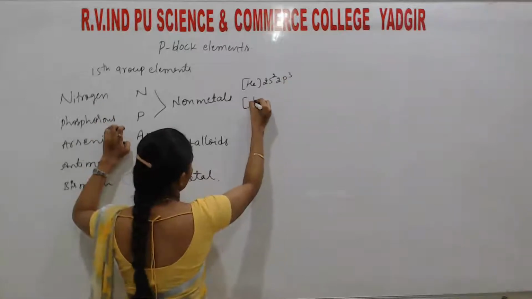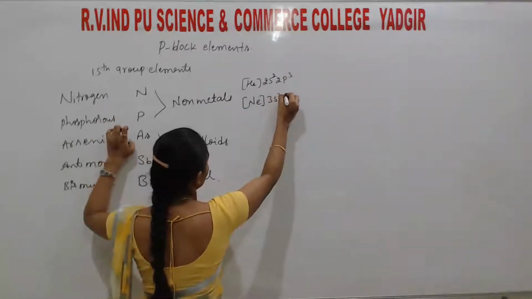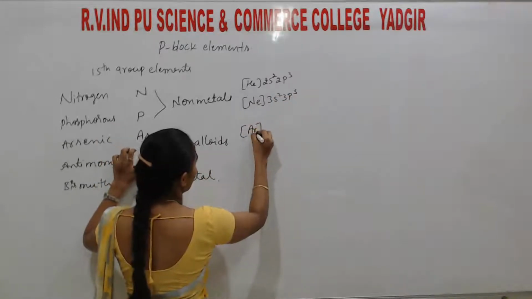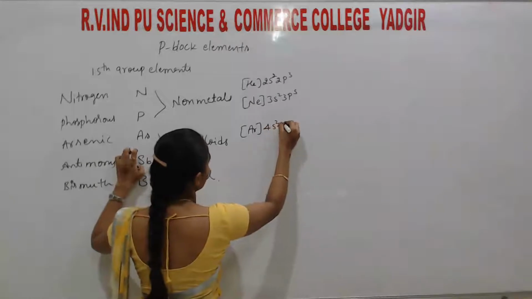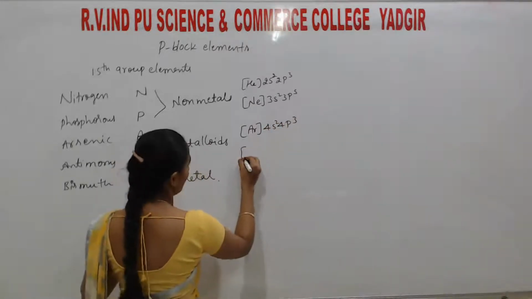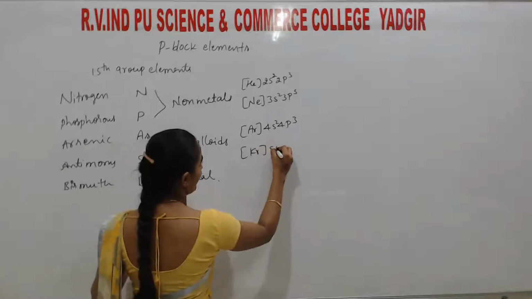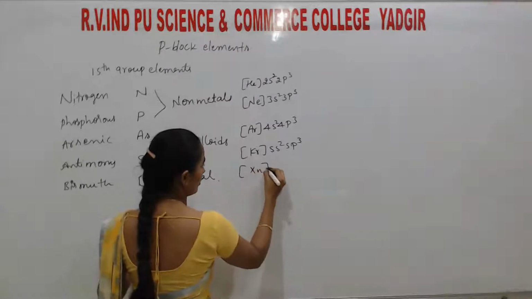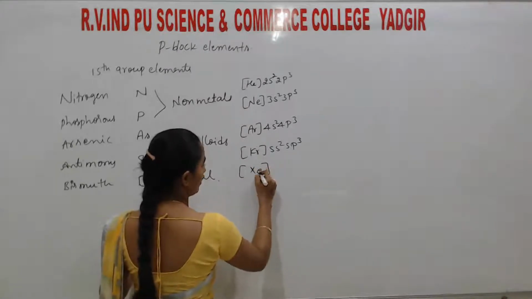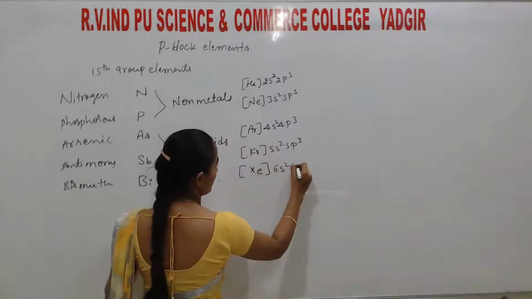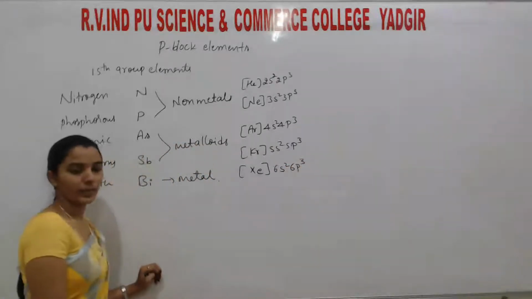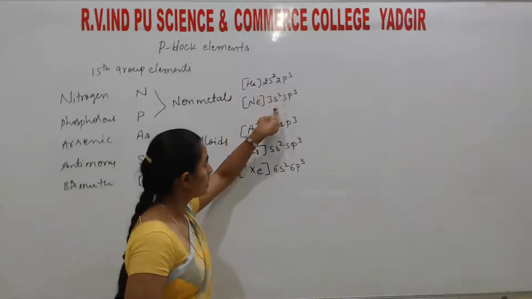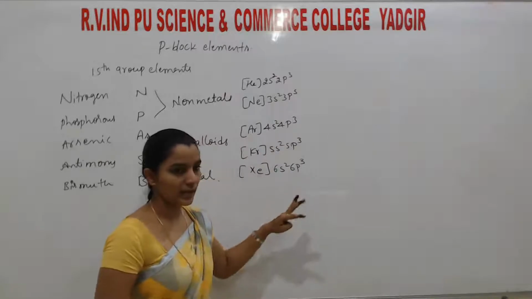Next, neon 3s2 3p3. Next, argon 4s2 4p3. Krypton 5s2 5p3. Xenon 6s2 6p3. Understood? So here, students, listen: 2s, 2p, 3s, 3p, 4s, 5s, 6s, like that.